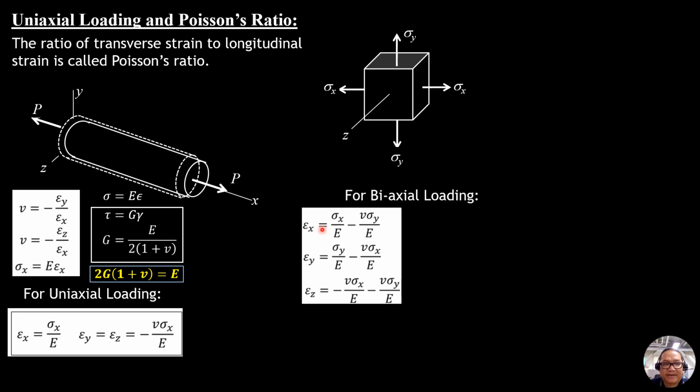So strain along x is sigma x over E in that direction.